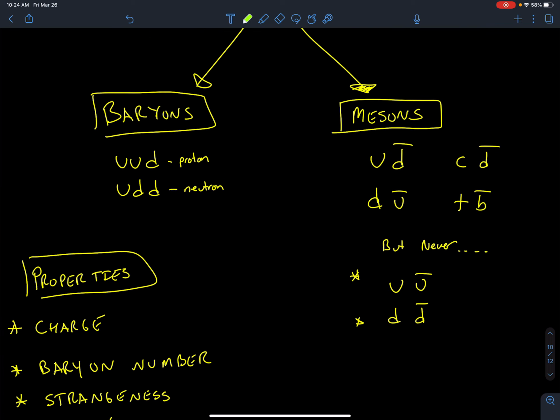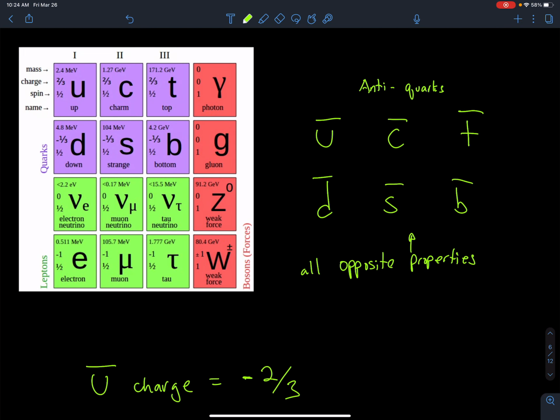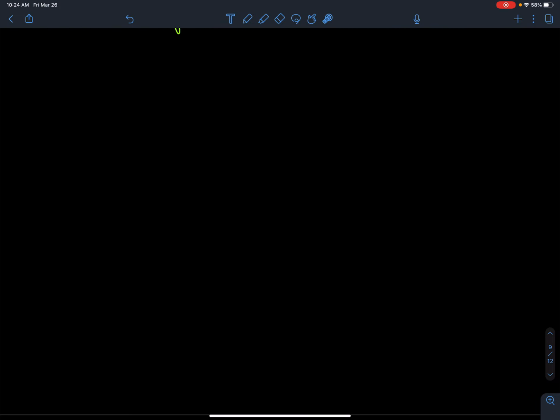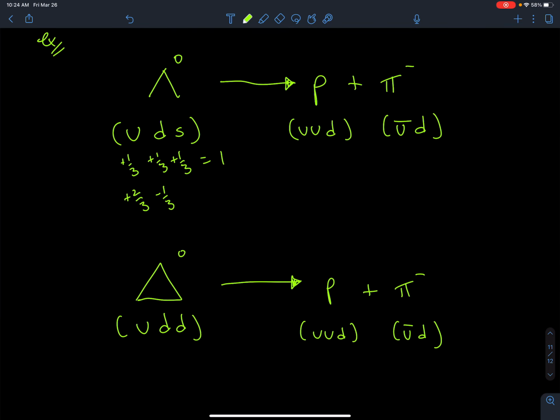Let's go double check. So if I go all the way back up here, let's go to this table. Yes, S is negative 1/3 in charge. So if I go back here, this is negative 1/3. The charge is 0, okay? So the baryon number is 1, the charge is 0. Whatever happens in this reaction, the baryon number has to be 1, and the overall charge has to be 0.